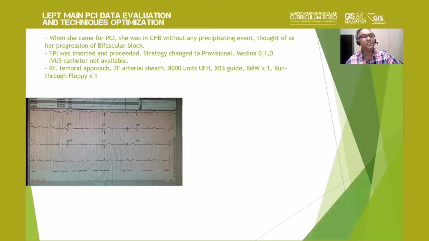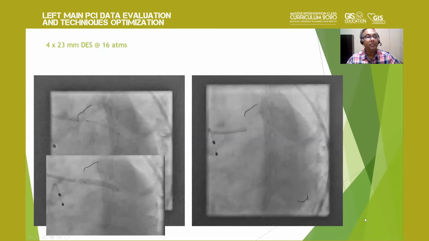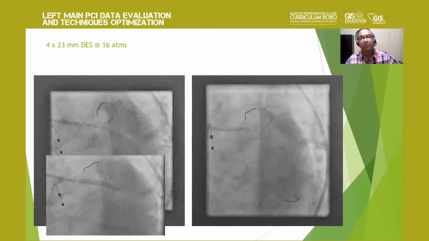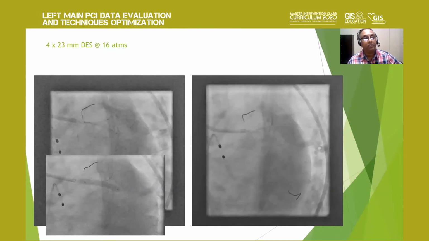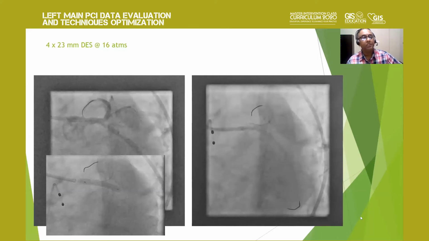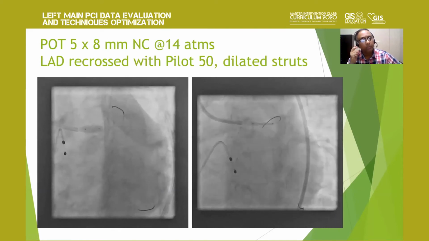This was the ECG when the patient came, and we did the ballooning of the circumflex ostium, left main and ostium with a 3 × 15 at 14 atmospheres, and then a 4 × 23 drug-eluting stent at 16 atmospheres, covering from the left main to the ostial circ, was deployed without any issues. And the POT was done with a large balloon, 5.